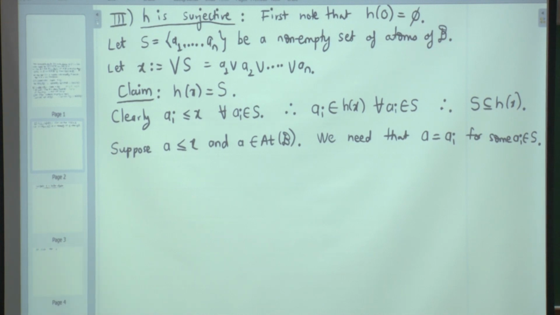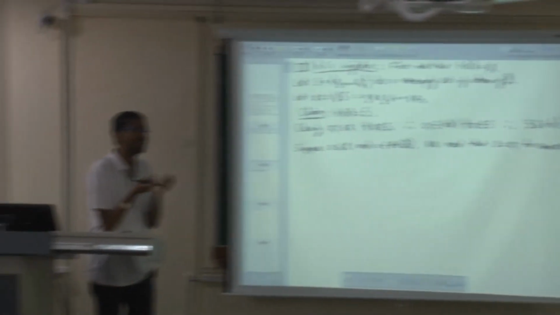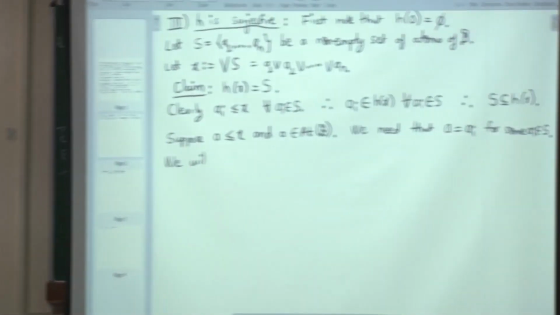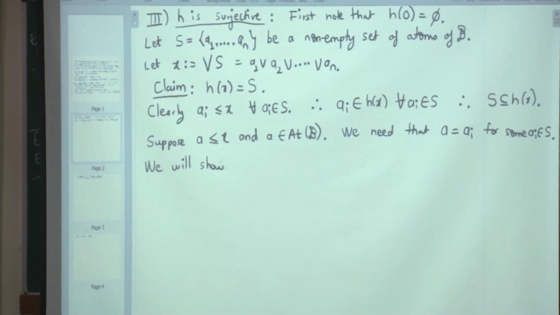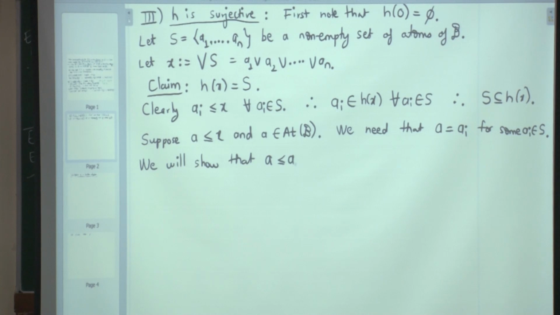Okay. So we are not going to show A is equal to Ai. We will slightly modify it to an equivalent statement. We will show that A is less equal Ai for some Ai in S.